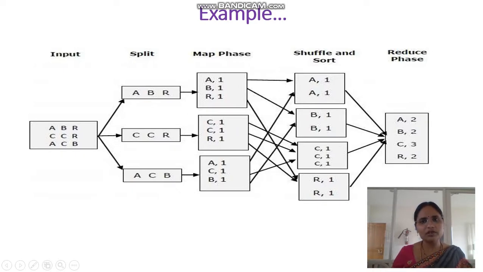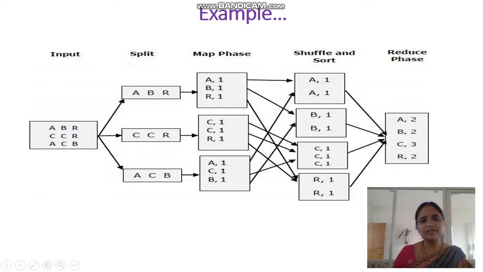Now we shuffle every item of each group with the items of the other groups. After that, all similar contents are presented in the same group. A1, where A is the data item and 1 is the key value, is also available in the third group, so let us make the two into one group.